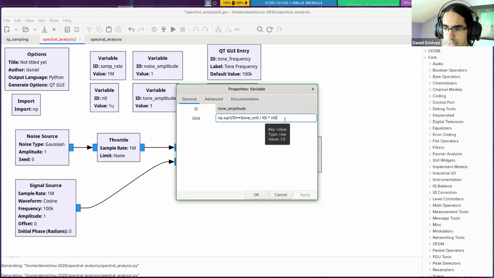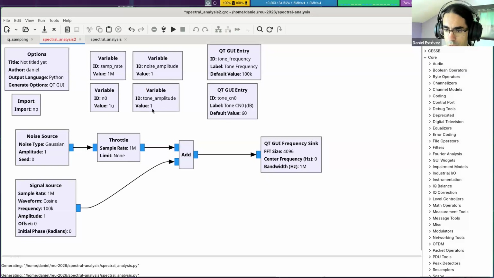And what we see essentially is that the amplitude of this tone for the default value of 60 is going to be 1. And the reason for that is if this has amplitude 1, then this will have power 1. This thing has power 1 in a 1 megahertz bandwidth. So it has power 1 in 1 million hertz. And we have basically said that the tone by default is 1 million times more powerful than the noise in 1 hertz.